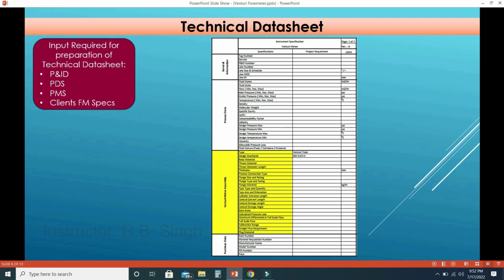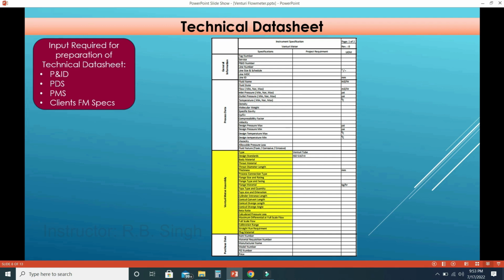We have the PDS from the process department. So process data we have to fill here as per the process department document. General information also we can put from the piping and instrumentation diagram, which is called PNID also. So from PNID we can fill this information, from PDS we can fill this information, and this information we have to fill as per our technical knowledge or our experience or database.